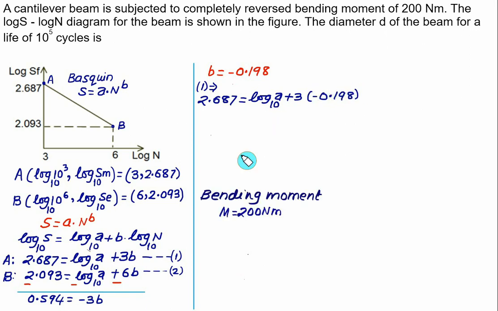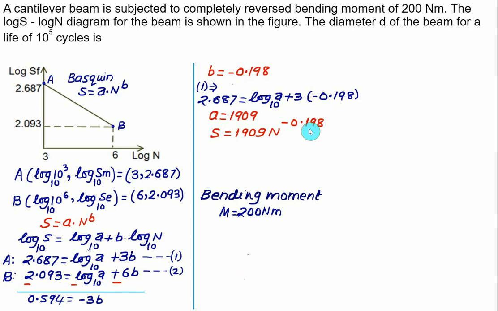Solving this, you get the constant A close to 1909, and therefore the equation is S equal to 1909 into N to the power minus 0.198.